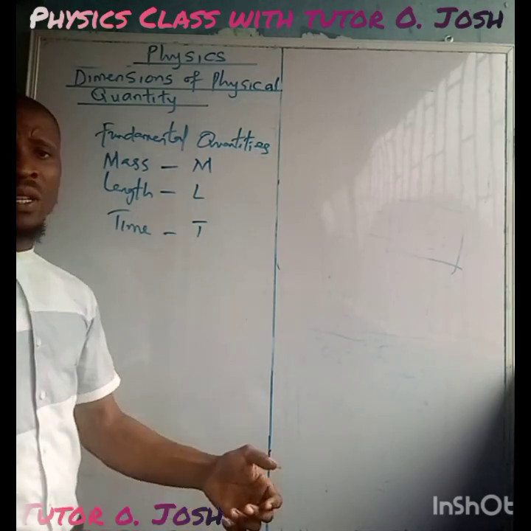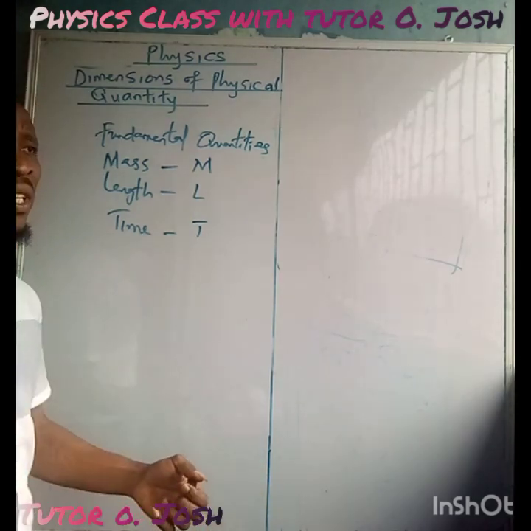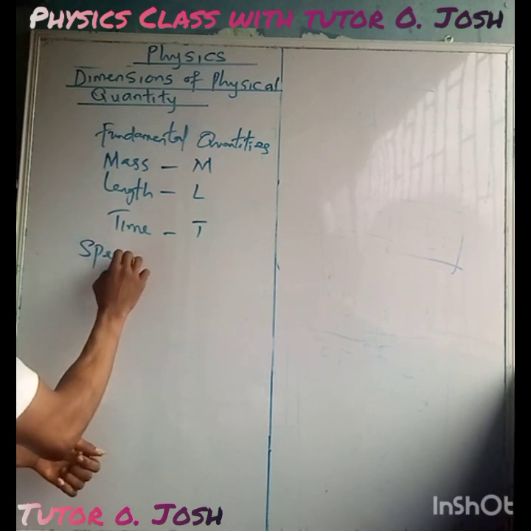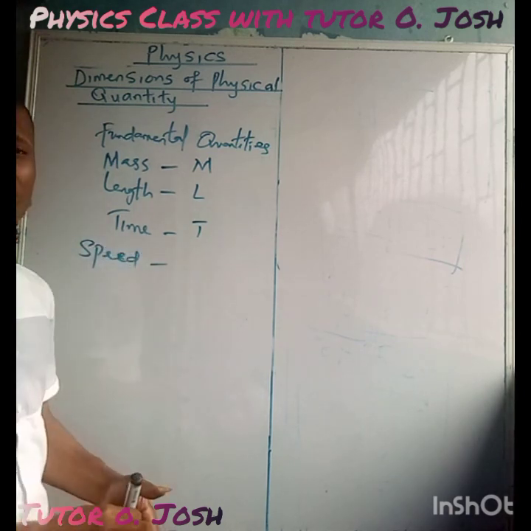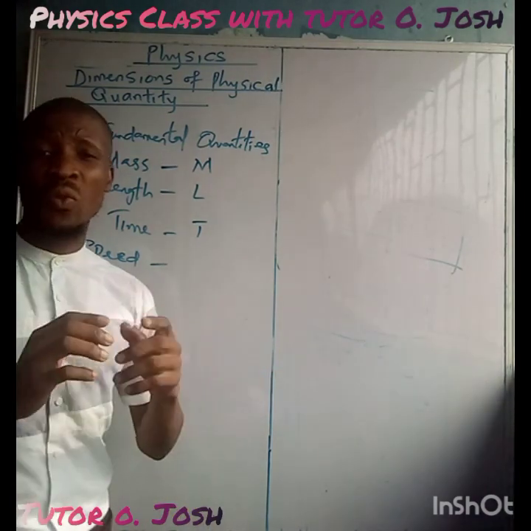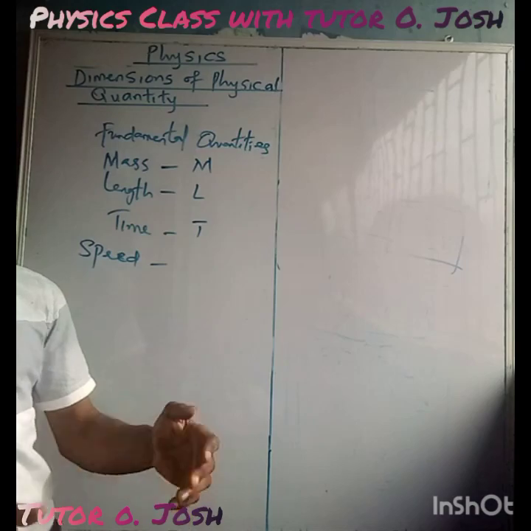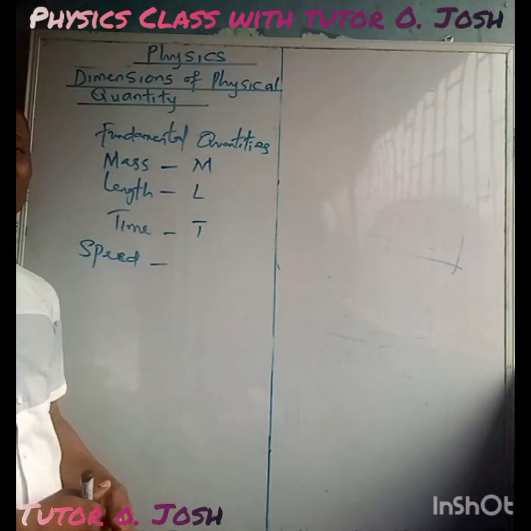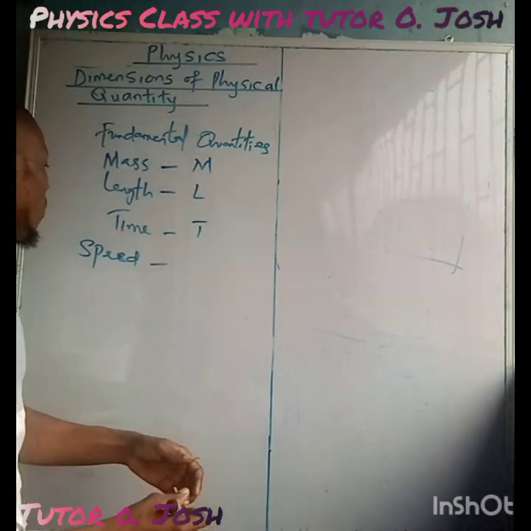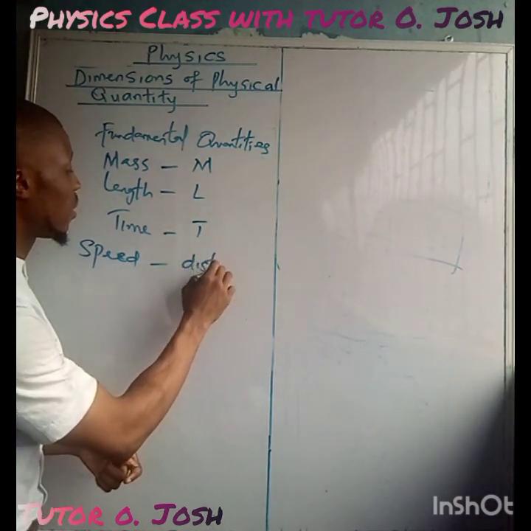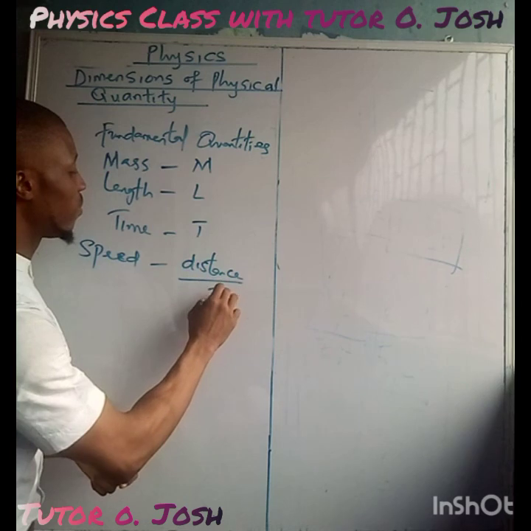Now let's take, for example, the dimension of speed. To get the dimension of speed, it's very simple. We must know the formula for calculating speed. Speed is the rate of change of distance with time, that is, speed is given as distance over time.